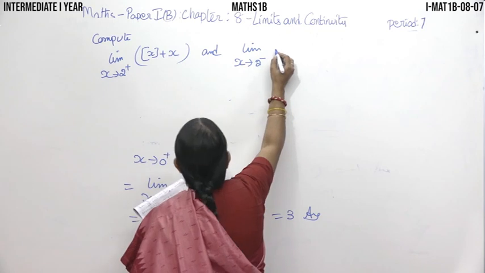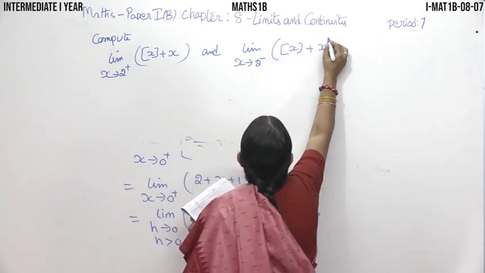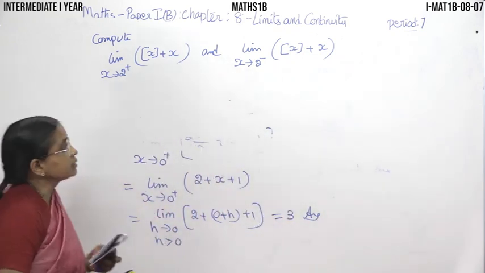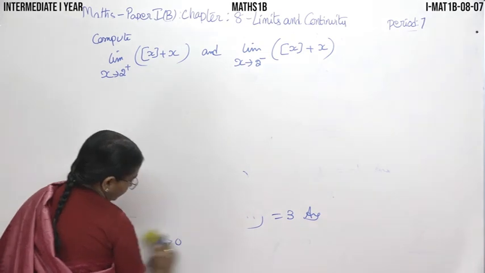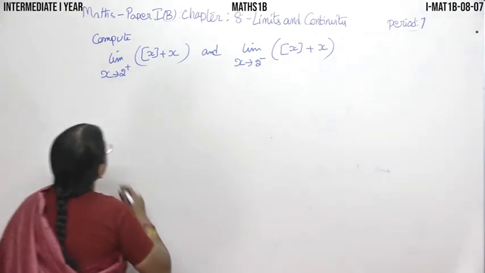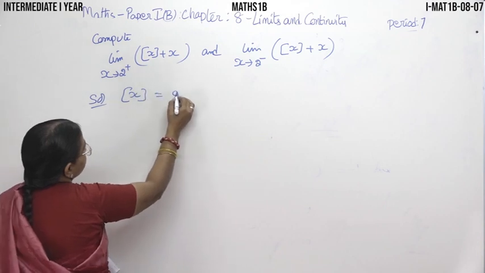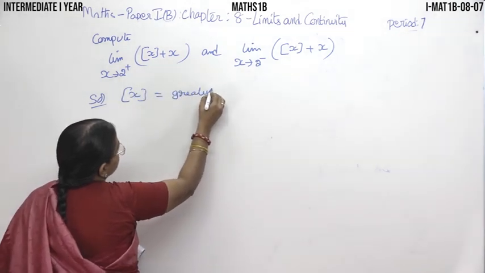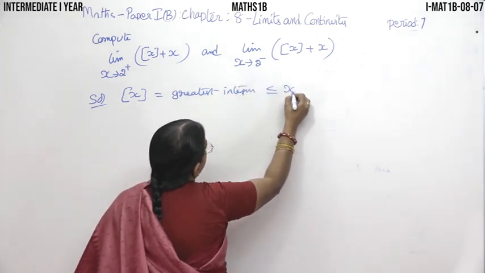This problem is very important and very easy. Step x plus x. So you know what the step function is? Greatest integer function. We know that step x is the greatest integer less than or equal to x.